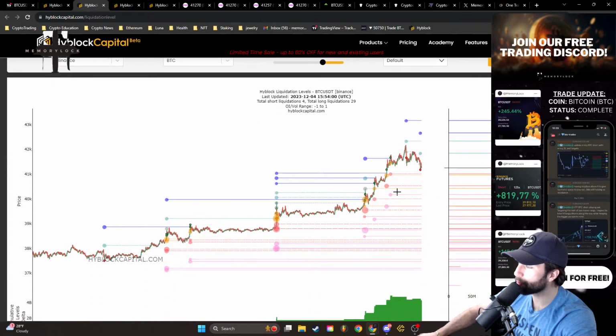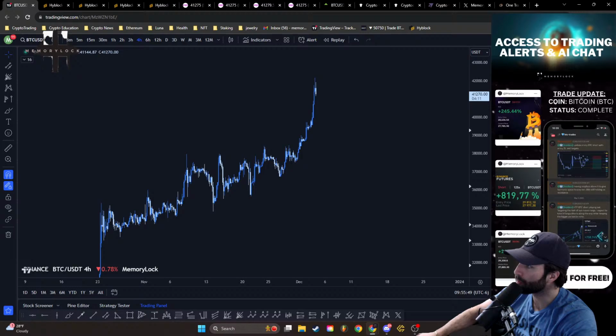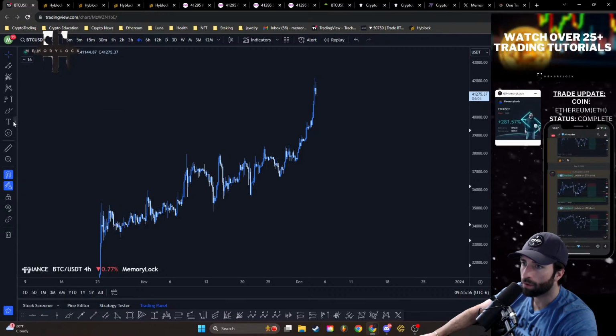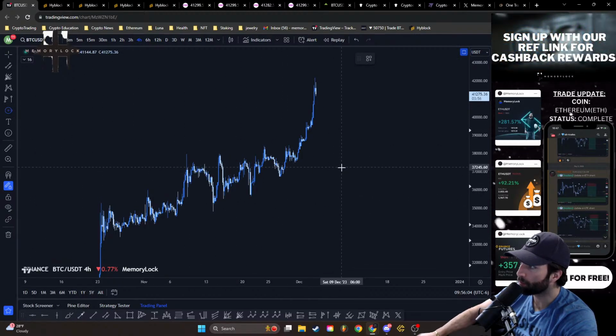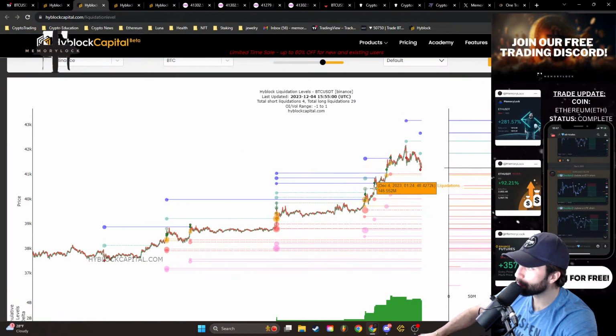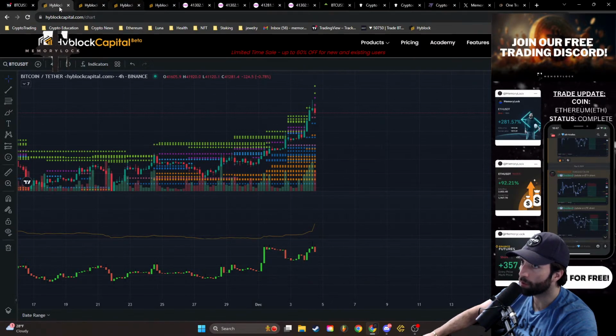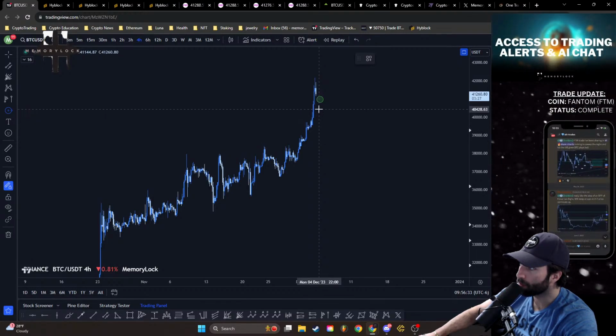Let me benchmark these areas of liquidity really quick. 40.96. And then we have 40.42.